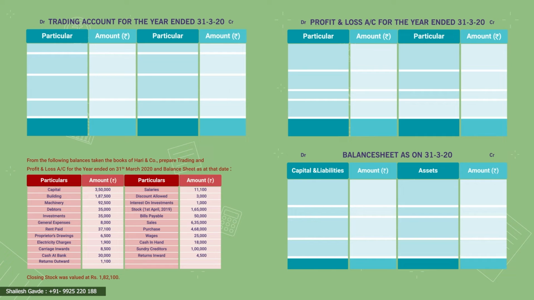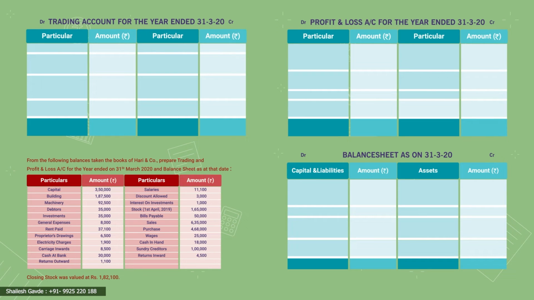And in case of balance sheet, we write balance sheet as at 31st March 20. Well, in balance sheet, capital and liability side and asset side; in trading and P&L, particulars amount rupees, particulars amount rupees.